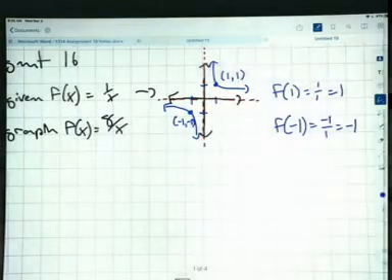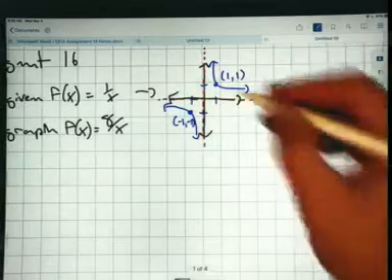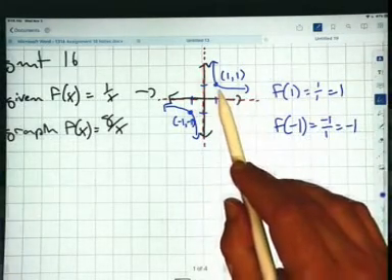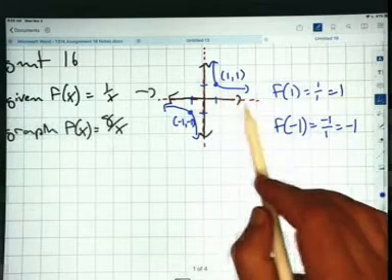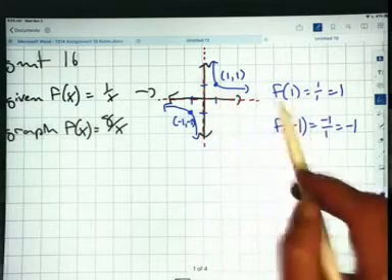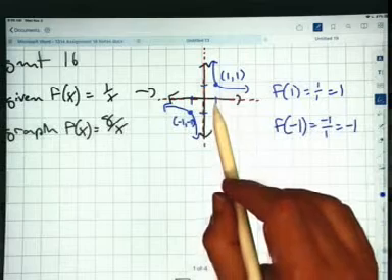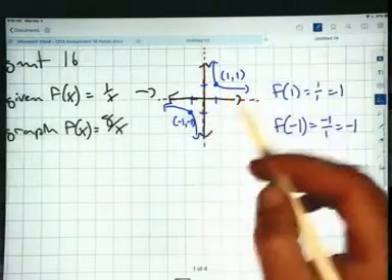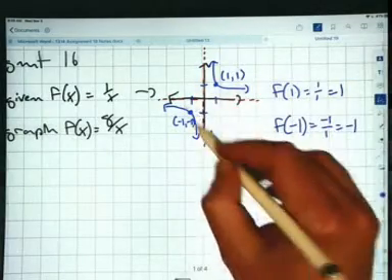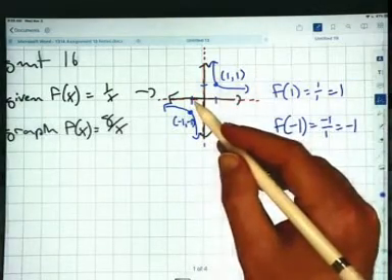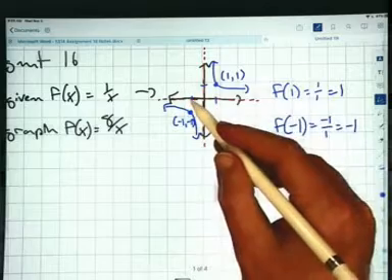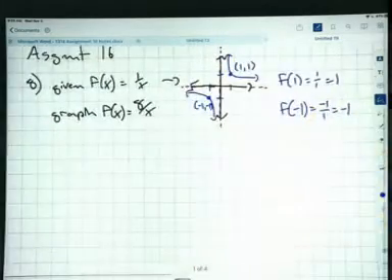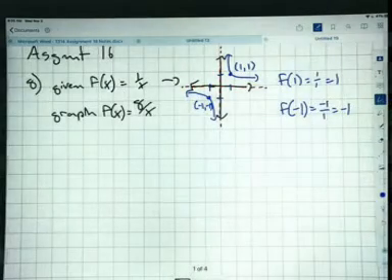Alright, and then as your x's get larger, your graph starts converging towards the horizontal asymptote y equal to 0, and as your x values go between 1 and 0, your graph just starts shooting up to infinity, or to negative infinity if your x is between negative 1 and 0. Alright, so that is the graph of f of x.